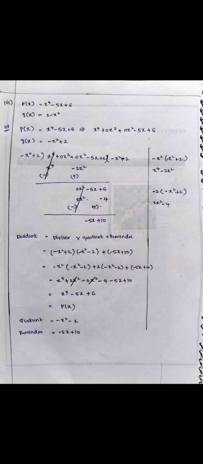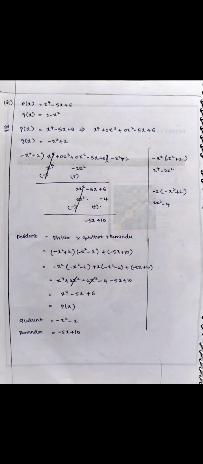So in place of the x power 4 term we write x power 4, and in place of x square we write minus 2x square, and x power 4 minus x power 4 will be cancelled. We don't have anything in the x cube term, so we don't have to write anything. And in the x square term it is 0 into x square, so we don't have to do anything.